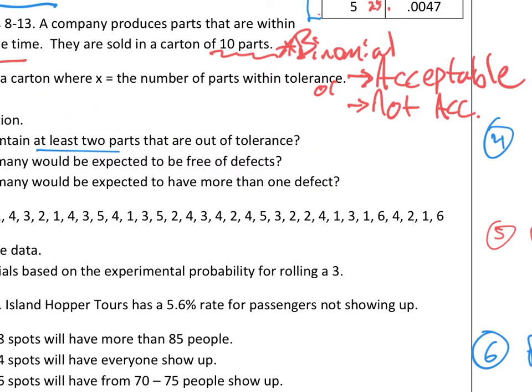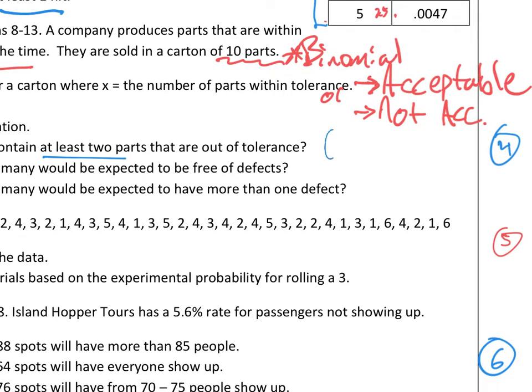That means there's 8 good or acceptable parts. If we had 3, because we're talking about at least 2, we could have 3 bad parts. That means there's 7 good parts. I'm just listing the possible number of good parts.